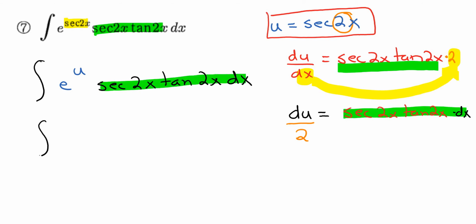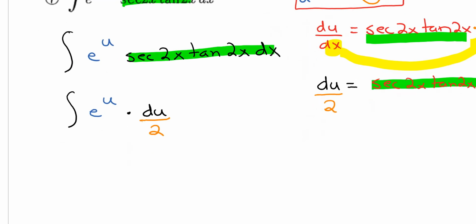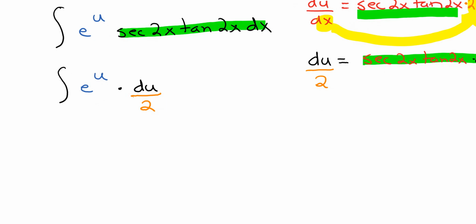So integral sign e to the u times du over 2. All right, that's looking pretty good. And then I can take this 2 here and move that to the front. So that's going to be 1/2.